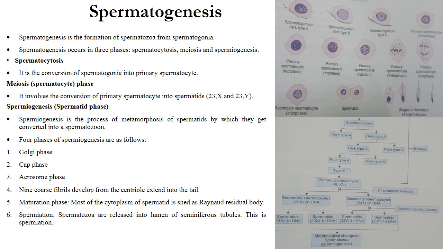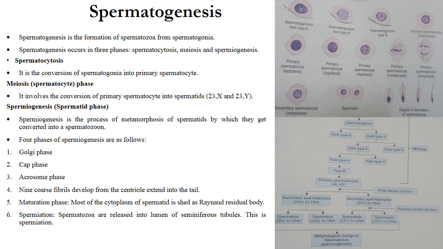So one primary spermatocyte will produce 4 spermatids, 2 with 23X and 2 with 23Y. The spermatid contains a single strand, or haploid DNA.